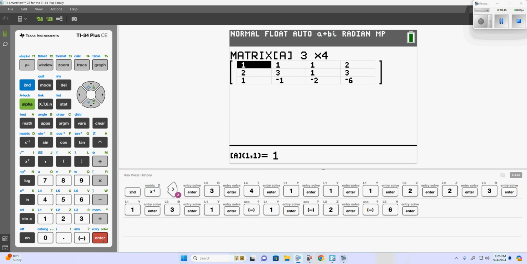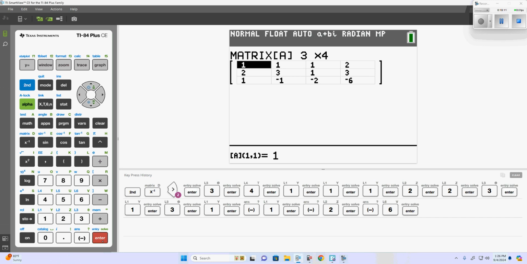Second matrix. Over to edit. Enter. And I need to type that augmented matrix in. Enter.